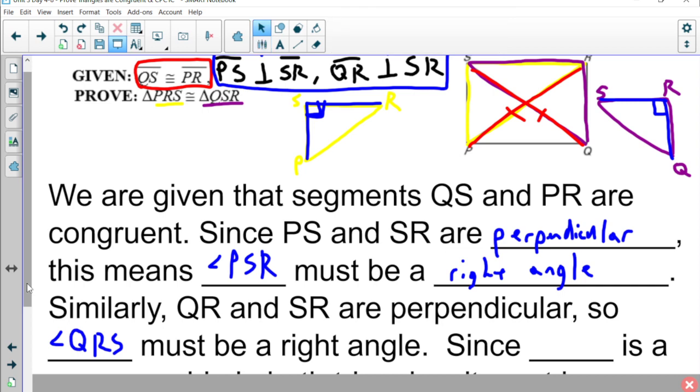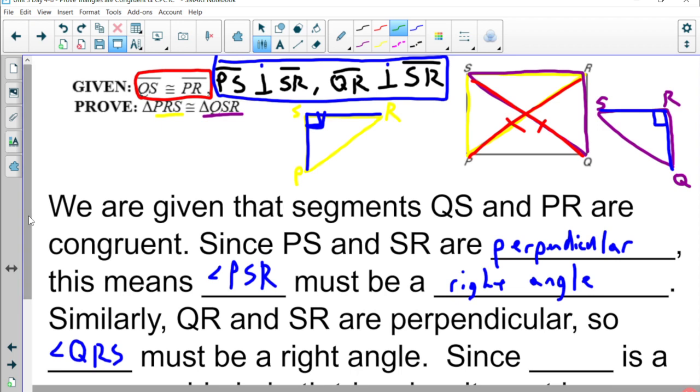Next, you might have noticed that we have a common side. So I want you to identify, pause a minute, see if you can identify where that is and what that means we're going to say in our next sentence.